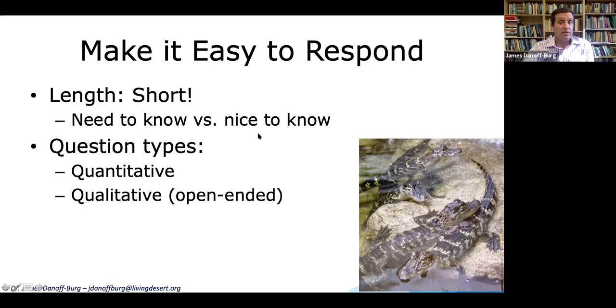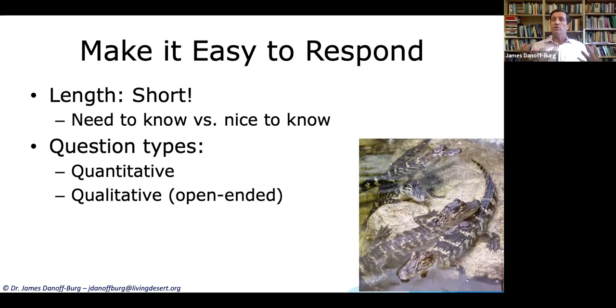If there's going to be a lot of questions that you would like to ask, but would really lengthen the number of items that you have on your survey, and thus the time that it would take a participant to complete that survey, those would be nice-to-know questions. Ideally, in surveys that you create, you have only the need to know. I absolutely need to know this. If you do that, you'll help to constrain the length of the survey and make it much easier to collect more data from more people.